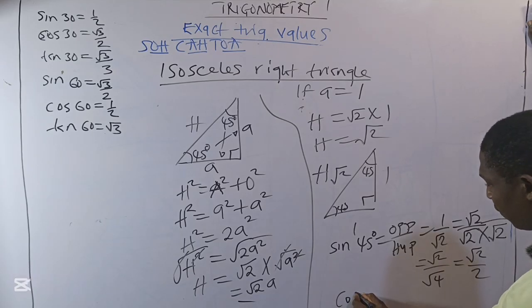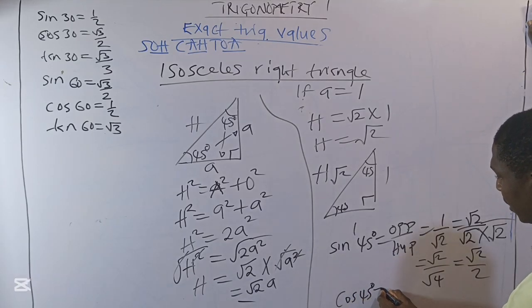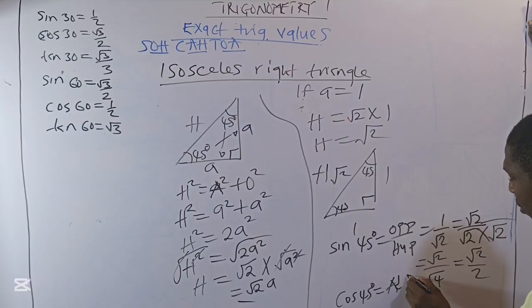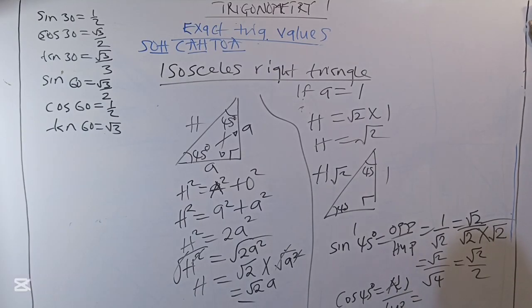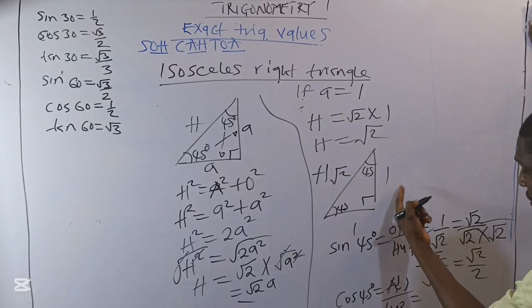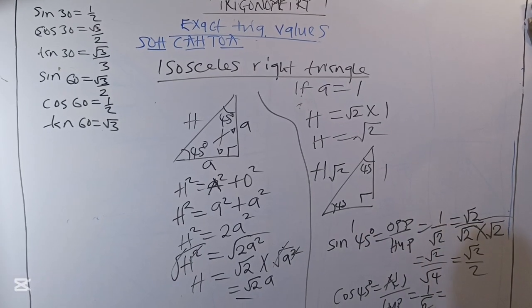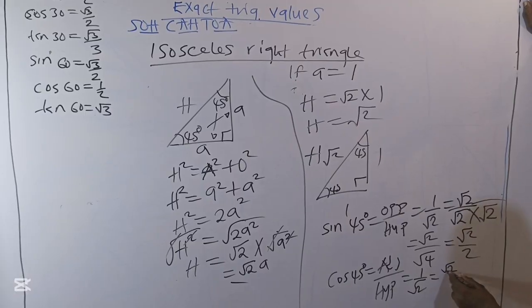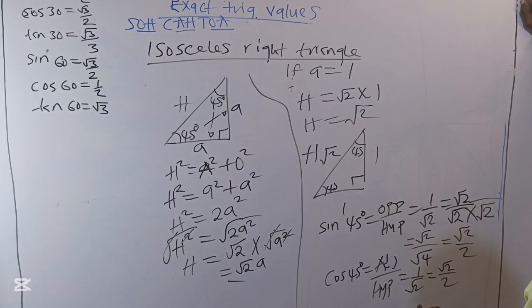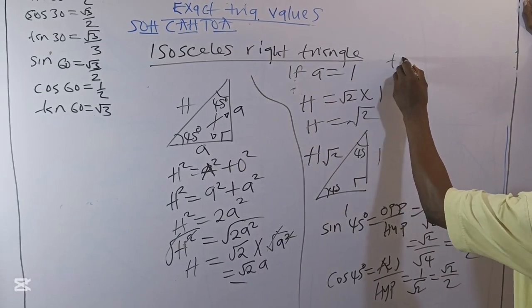And cos 45 degree is equal to adjacent over hypotenuse. And my adjacent and opposite are the same. So I have 1 all over hypotenuse again, root 2. And if I rationalize, I'll have root 2 over 2.